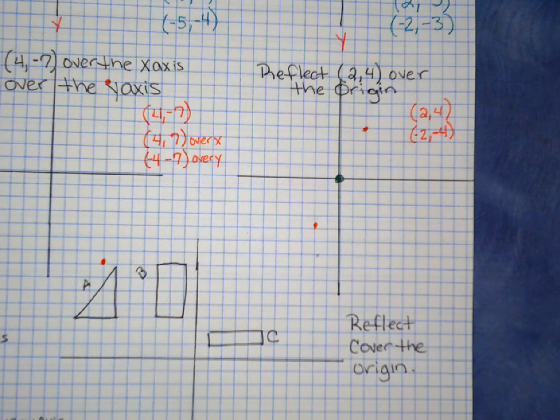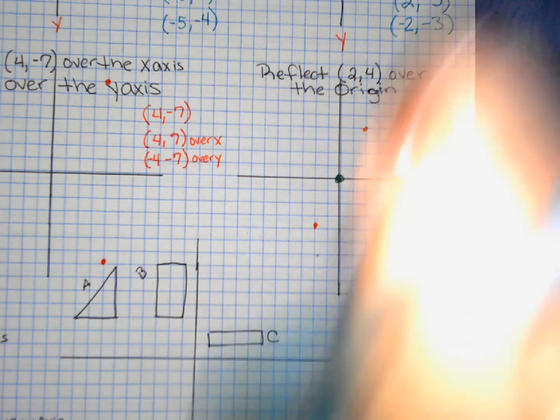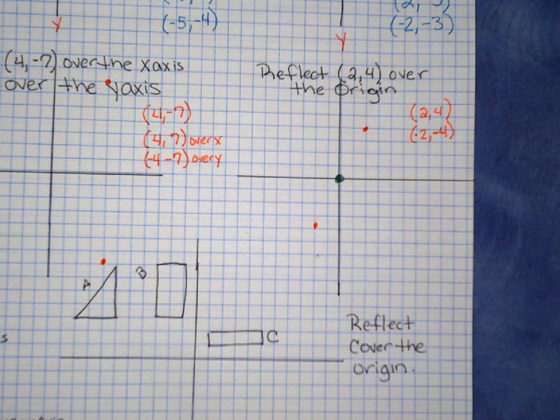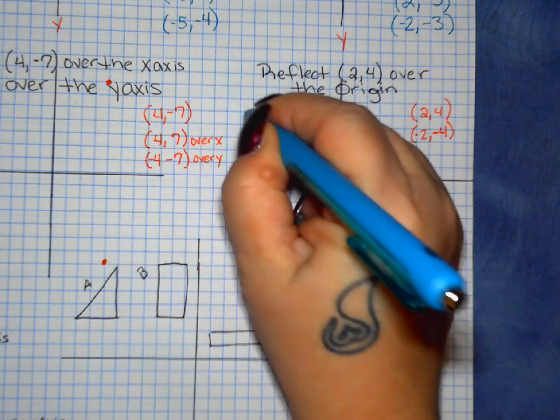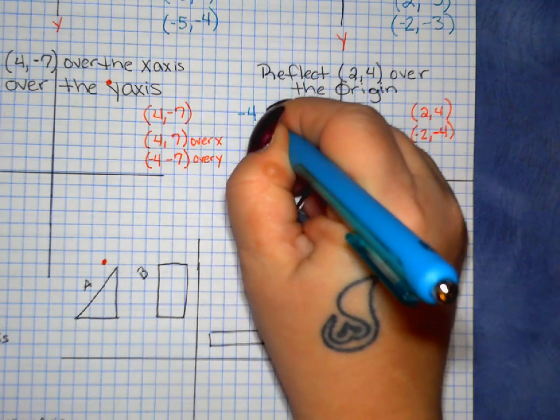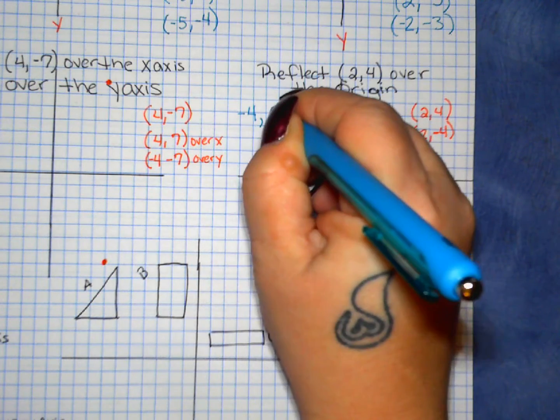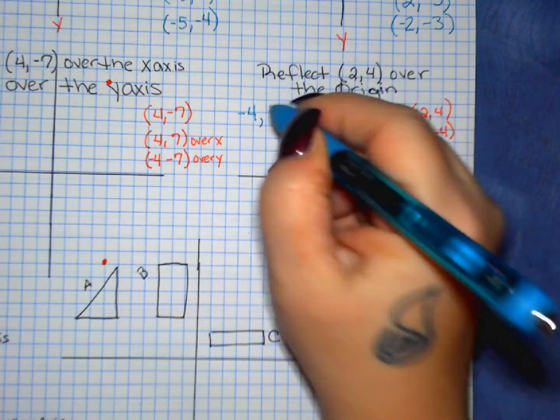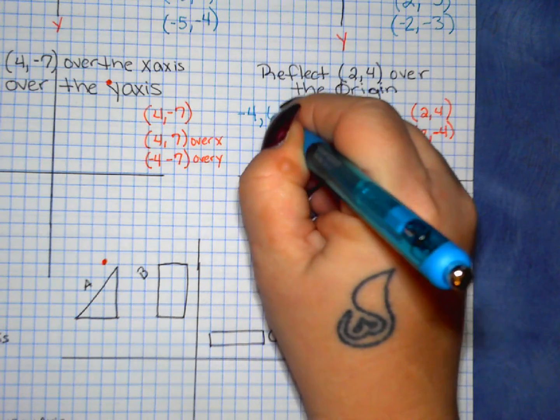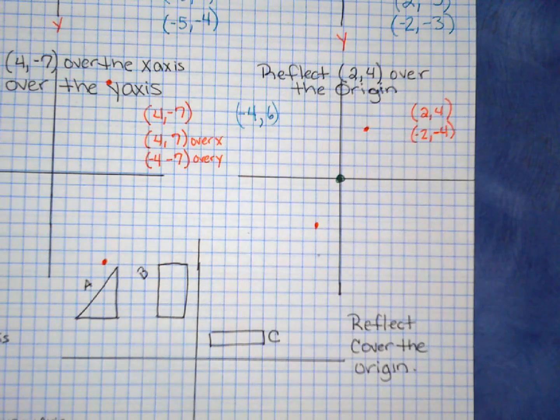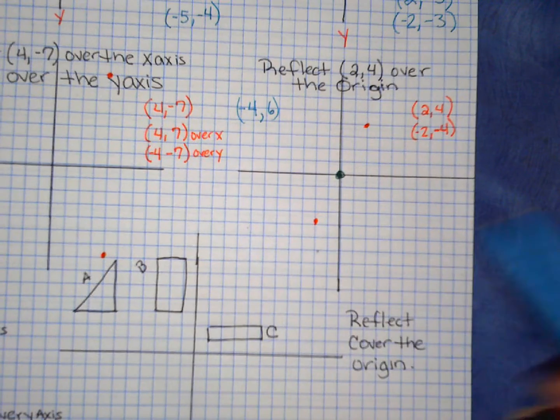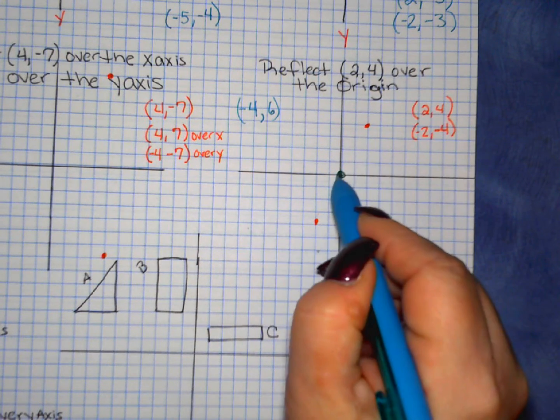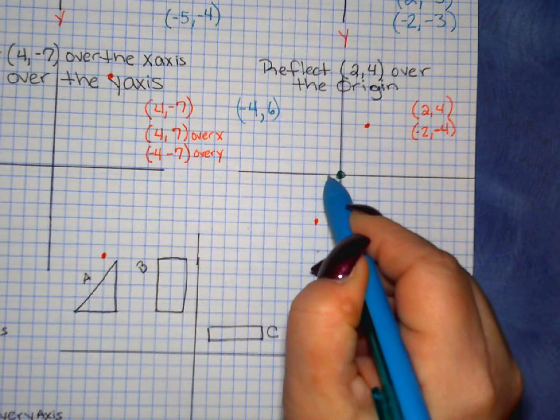Okay, we'll do one more just in case that's confusing. So reflecting over the origin, let's reflect the point (-4, 6). First thing we have to do is graph the first point. So -4, I'm going to the left: 1, 2, 3, 4.